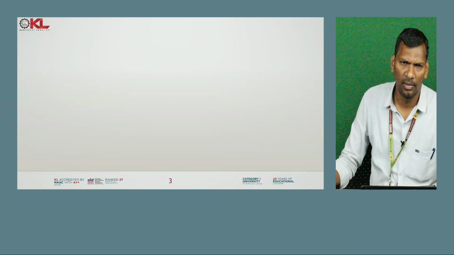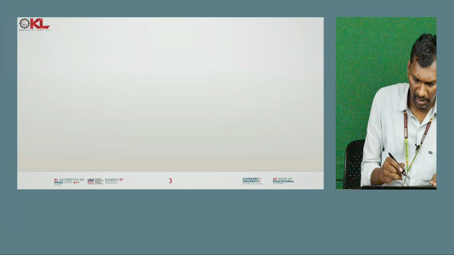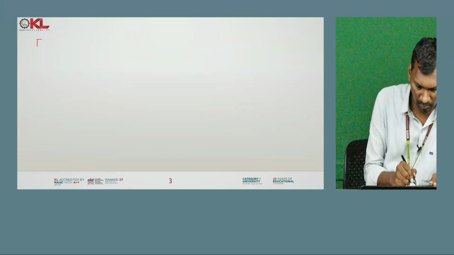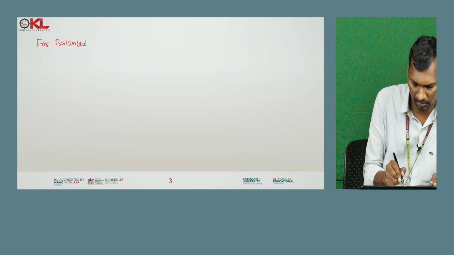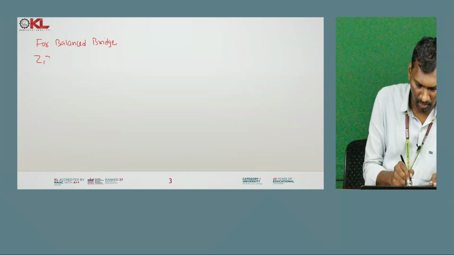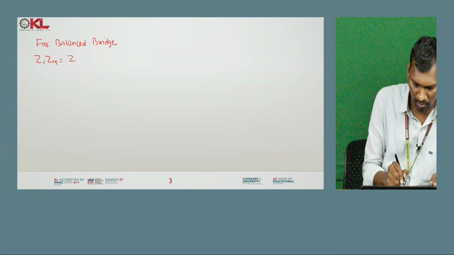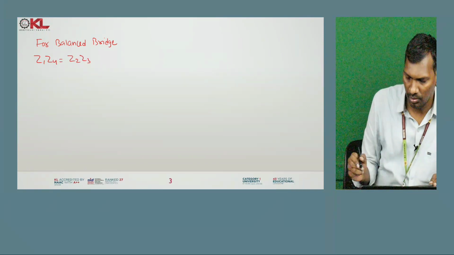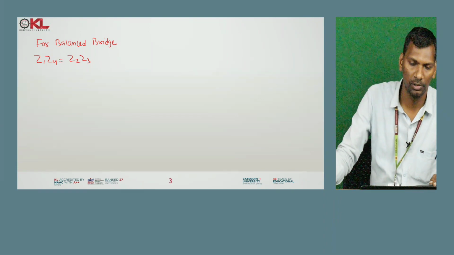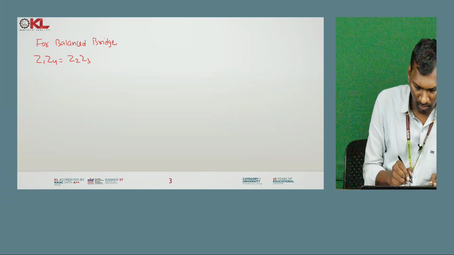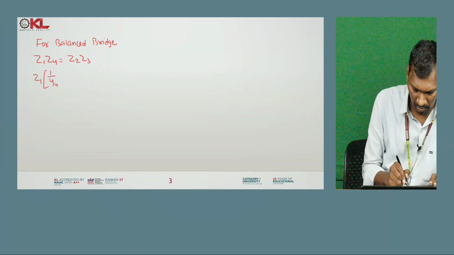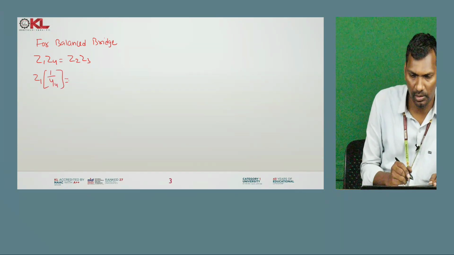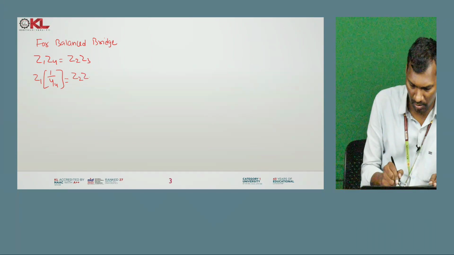For a balanced bridge, Z1 Z4 is equal to Z2 Z3. So Z1 Z4, with Z4 equal to 1 by Y4, is equal to Z2 Z3.